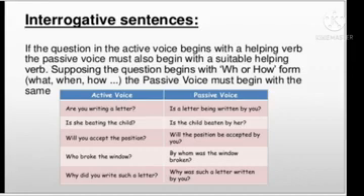So I hope you understood interrogative sentences, and let me tell you very frankly that only practice makes a man perfect. If you are simply listening to this lecture and you are just thinking that you studied everything, it is not correct. You have to practice it. You have to practice with the solved questions given in your textbook, as well as try to solve the questions in your exercises.